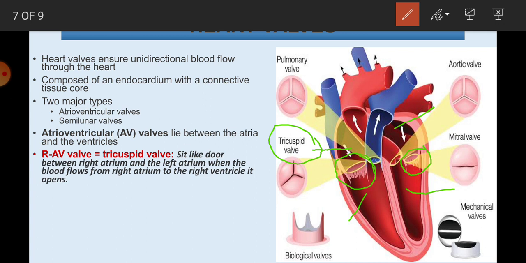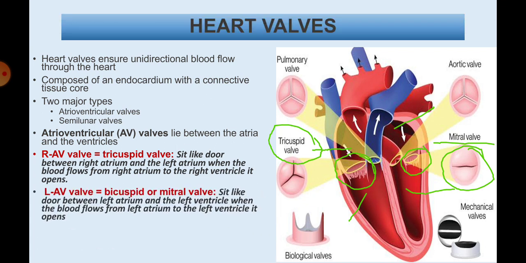And at the left side there are 2 parts, that's why it will be called bicuspid valve, and another name is mitral valve. And these atrioventricular valves prevent backflow of the blood into the atrium when ventricles contract.